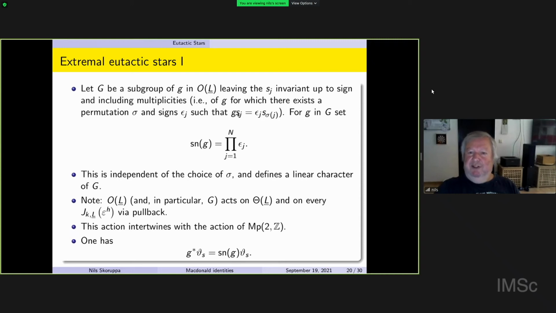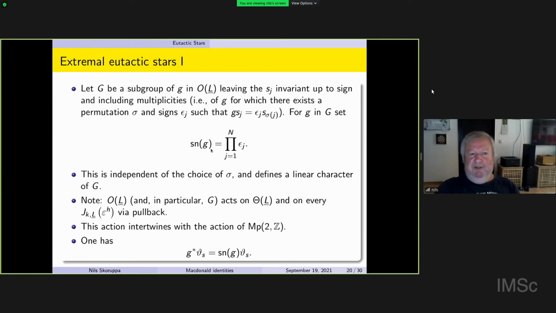So if you apply g to an Sj, then this is S sigma j, sigma is the permutation associated with g, right? Times some sign. And we take the product of these signs, and then one can show that this indeed defines a linear character of the group G that we have here.